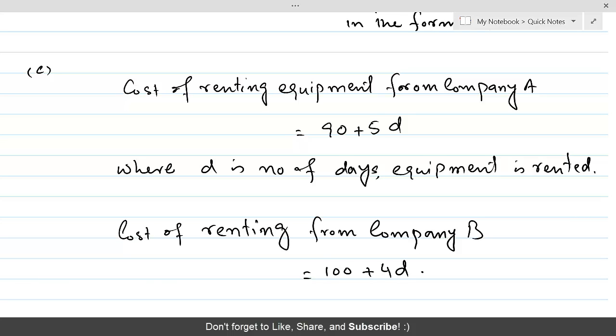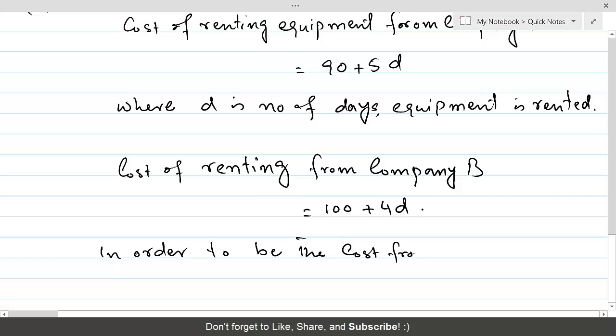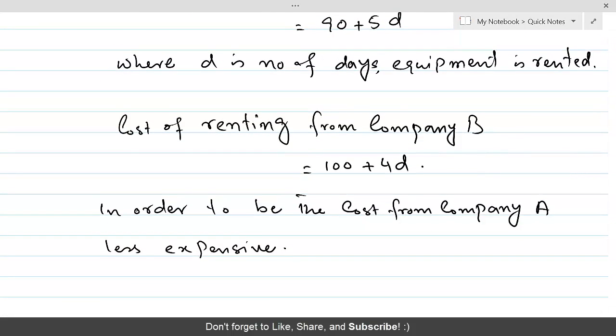Now our question is: what is the number of days so that the cost of renting from company A is less? So in order for the cost from company A to be less expensive, the cost of renting from A is 90 plus 5D.